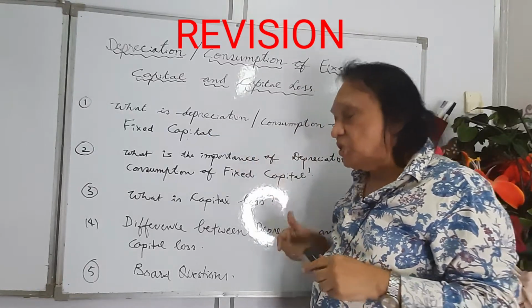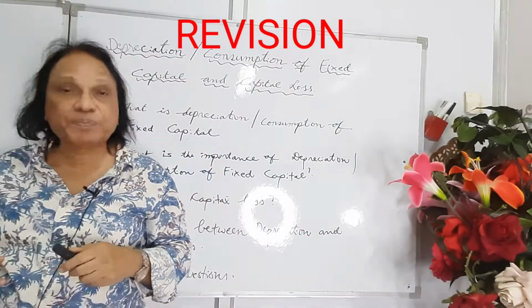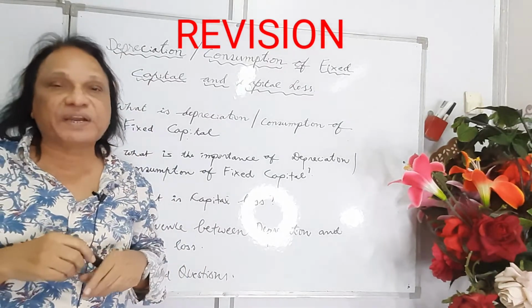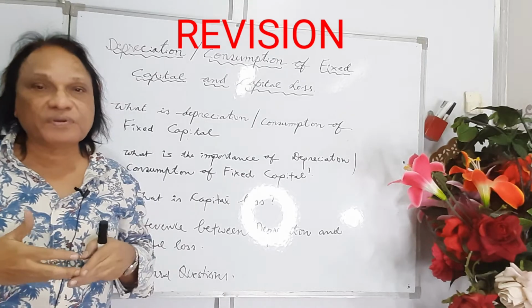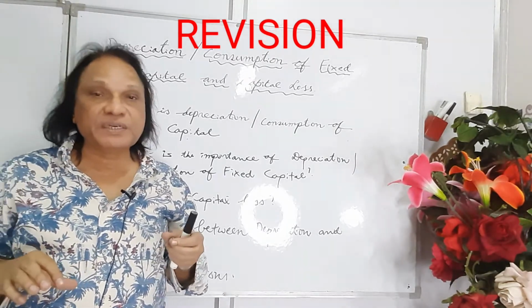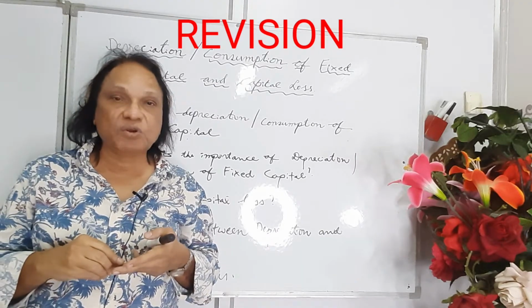So what is depreciation or consumption of fixed capital? Depreciation or consumption of fixed capital in economics is defined as the loss of fixed asset, mind it, fixed asset, due to normal wear and tear and expected rate of obsolescence.